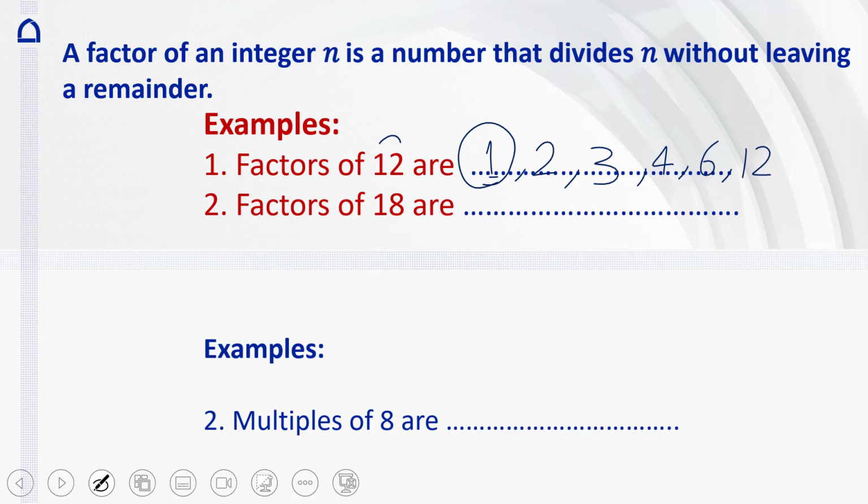Let's go for 18. 18 can be divided, of course, as we said, any integer can be divided by 1. This is even, so it can be divided by 2. If I add 1 plus 8, it will be 9, so 18 is divisible by 3.